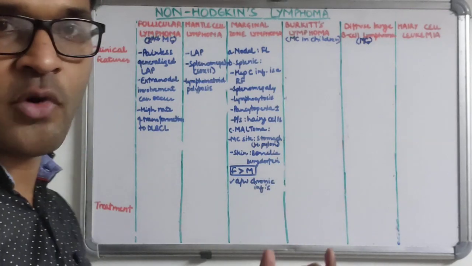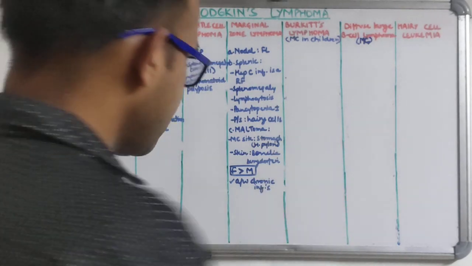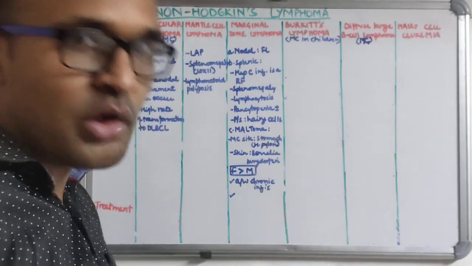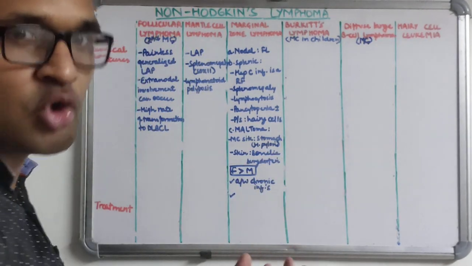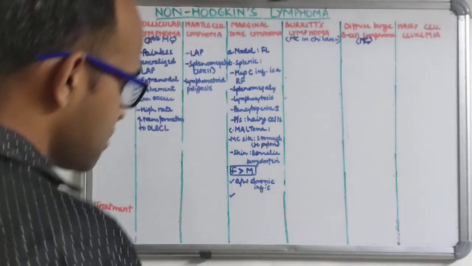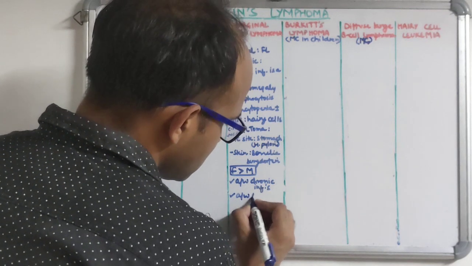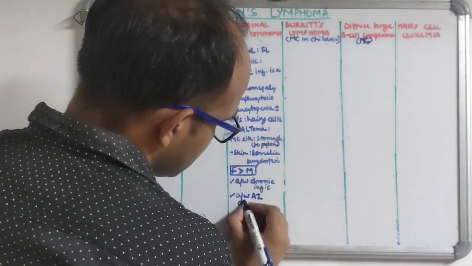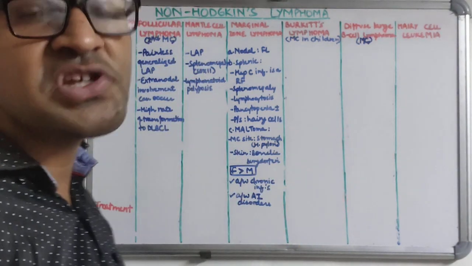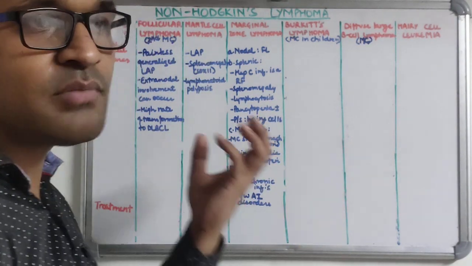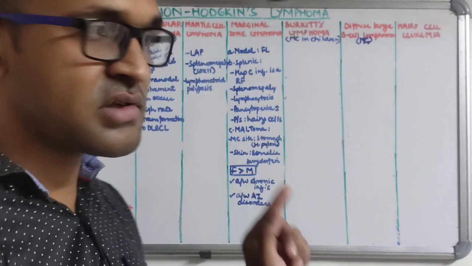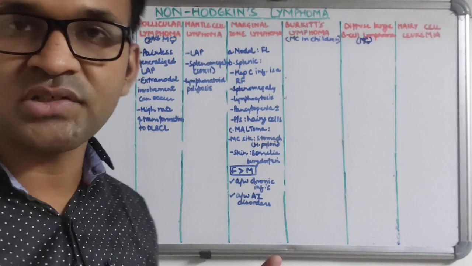It is also one of the few lymphoma which occurs in association with autoimmune disorders. Apart from marginal zone lymphoma, DLBCL can also occur in association with autoimmune disorders. And again, one of the few lymphoma in which there is a role of radiotherapy. So these are some important points. Only lymphoma which occur in females, only lymphoma which occur in association with chronic infections or autoimmune disorders, only lymphoma which responds to antibiotics.